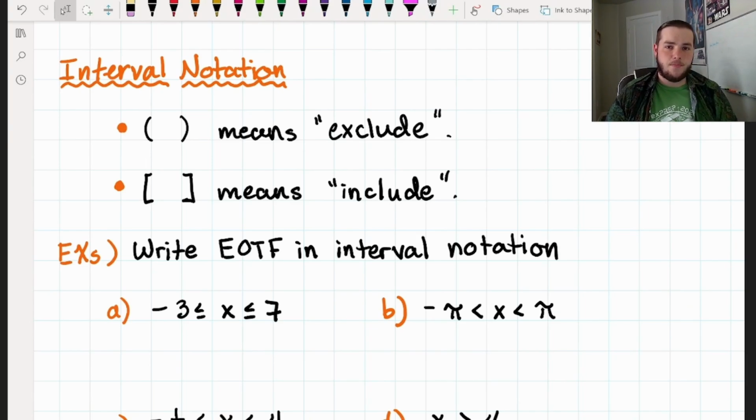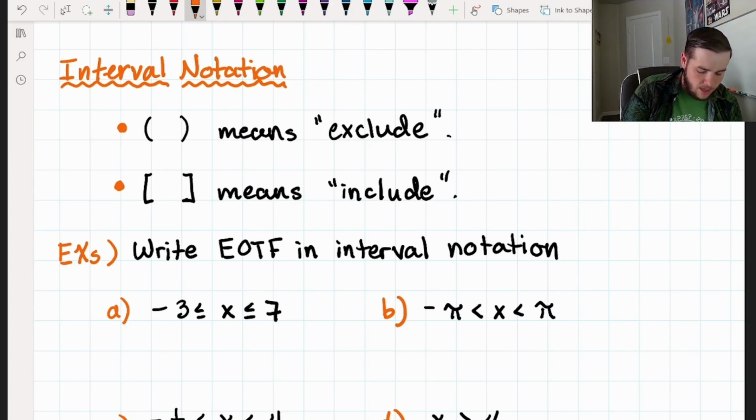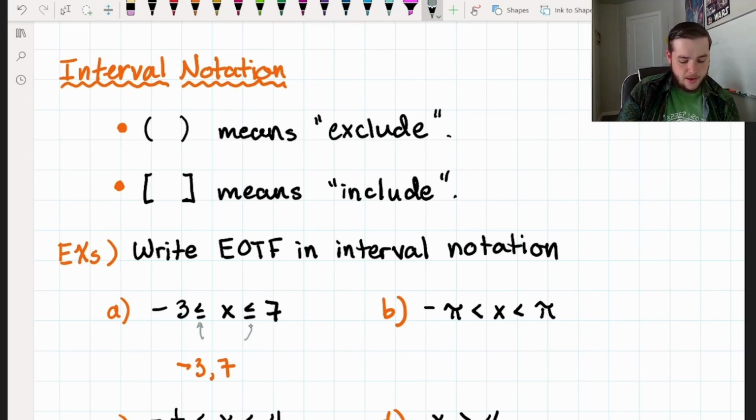In this next example, I would like you to write each of the following in interval notation. Let's start with part A. -3 is less than or equal to x is less than or equal to 7. So notice these are all of the numbers between -3 and 7. And because I have the or equal to parts, -3 and 7 are both values of x that fit in this inequality, right?